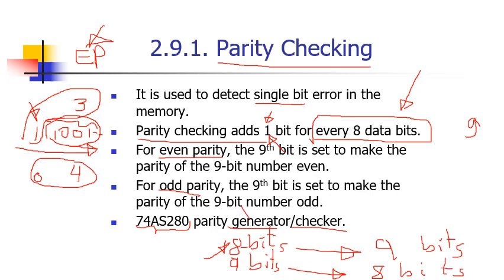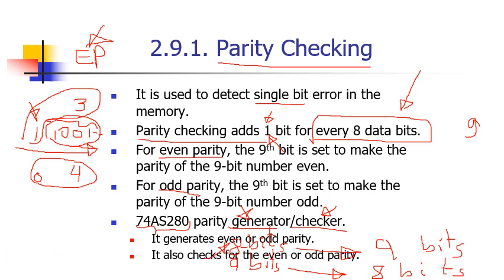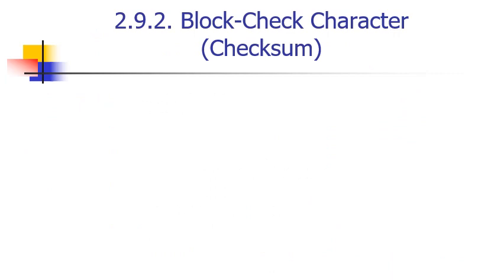So it is used to generate and check the parity. Good. And it generates even or odd parity. So the same integrated circuit can be configured to use an even or odd parity. Good. And it also checks for an even and odd parity.